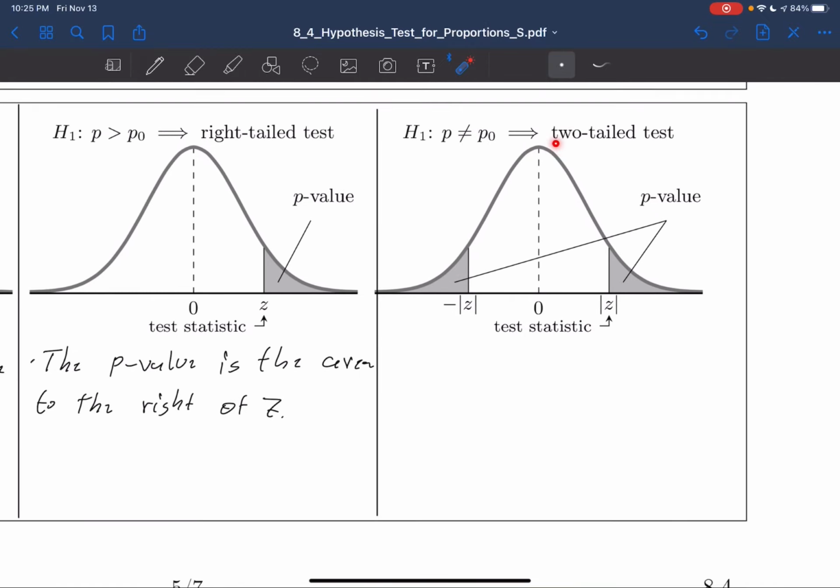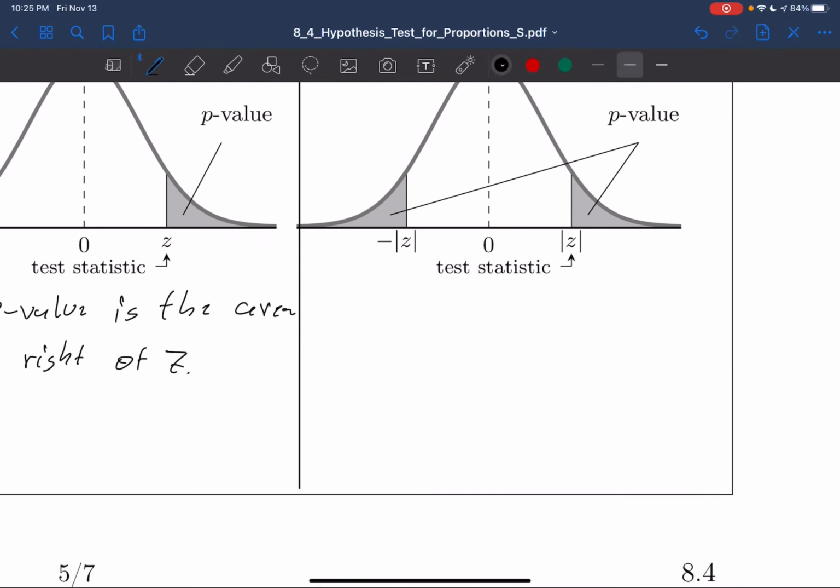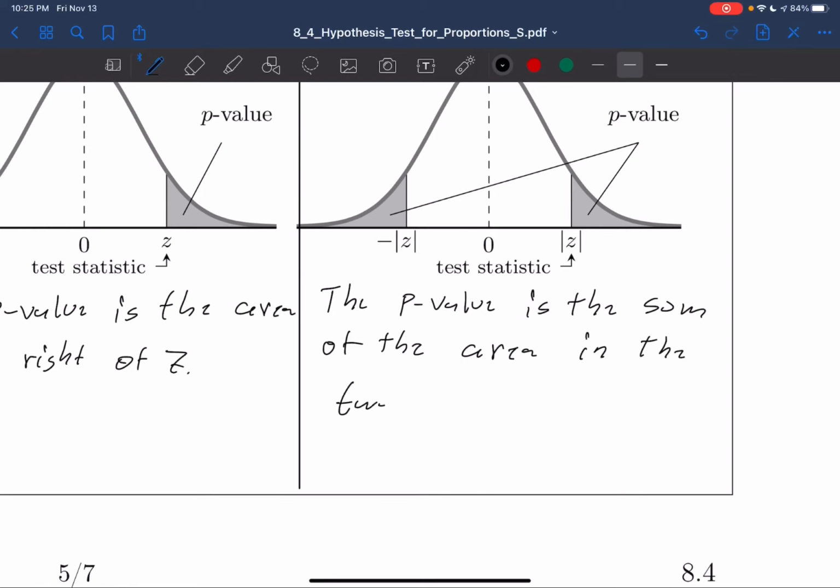And if we're doing two-tailed tests, the p-value is the sum of the area in the two tails.